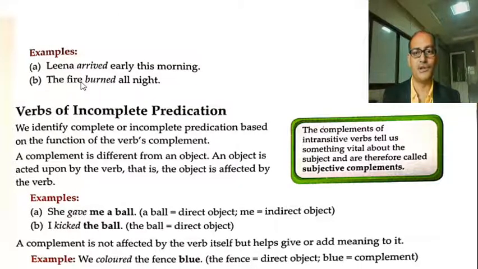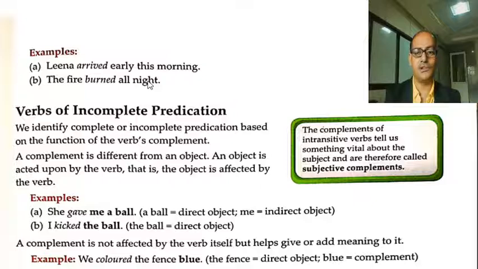That is not an object. The fire burned all night. So the fire has not burned the night. Only the fire burned itself all night. Here no object is there. So burn and arrive, these are intransitive verbs. I hope you are getting the idea of transitive and intransitive verbs.